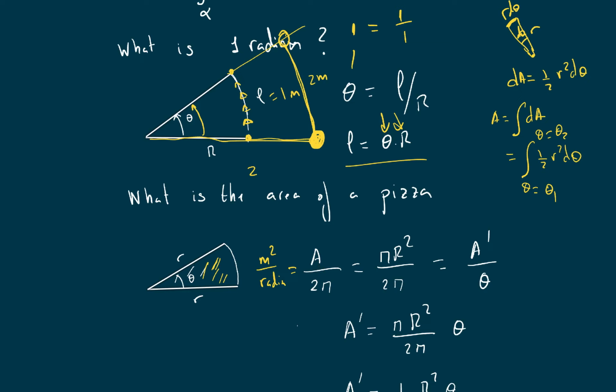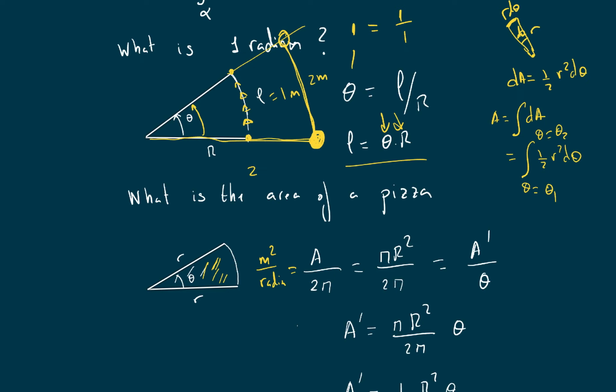When you perform a full circumference, the total area divided by the total angle that you cover, pi r squared divided by 2 pi, has to be equal to the same density, the area that exists here per unit of angle, meter squared divided by radians.